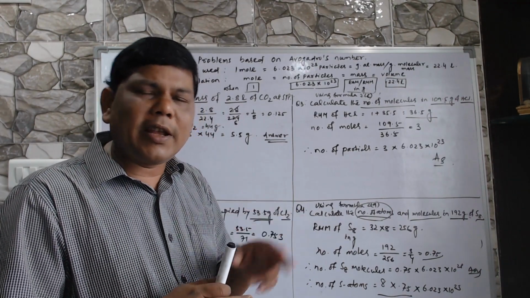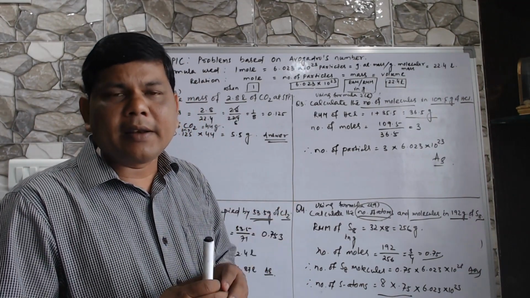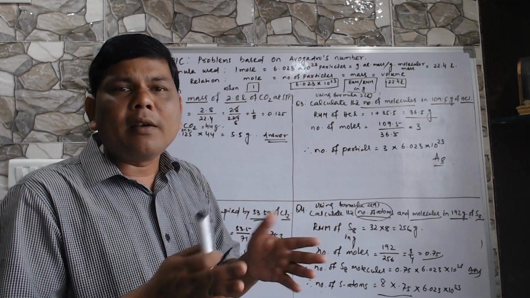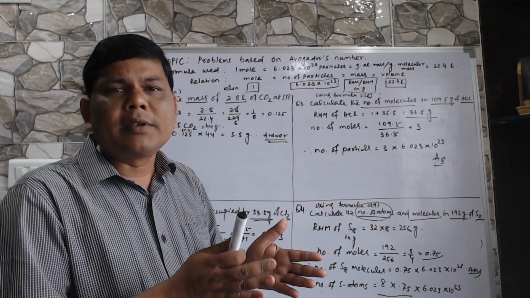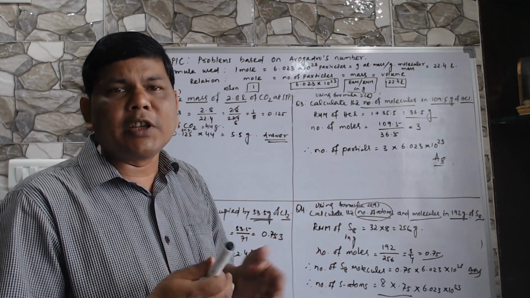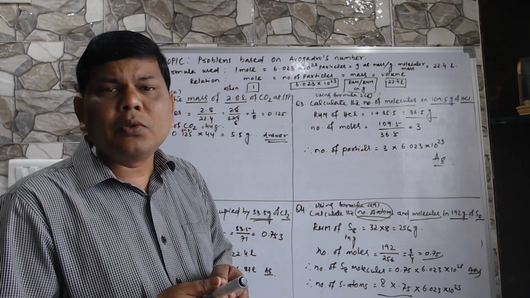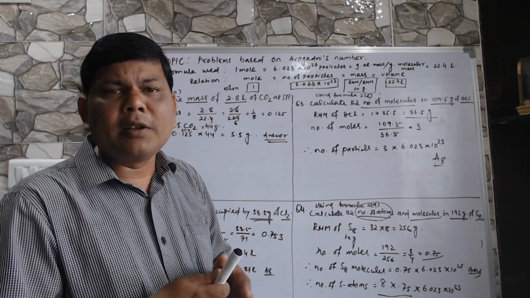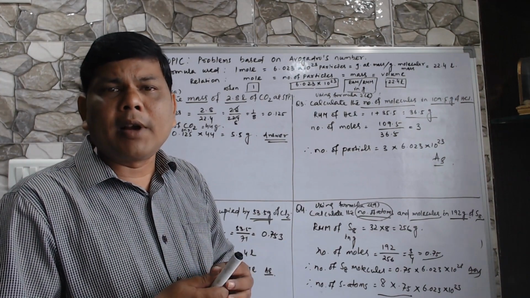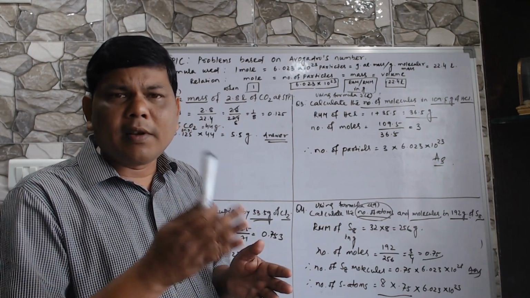The first one, you are calculating number of moles 100%, followed by 1 or 2 parts of step 2 as per the questions, and it's very easy to solve numericals or problems based on Avogadro's number. Try to cover all the questions.